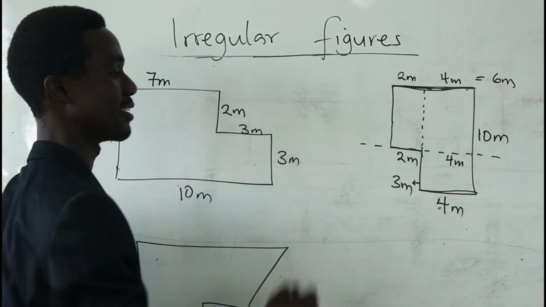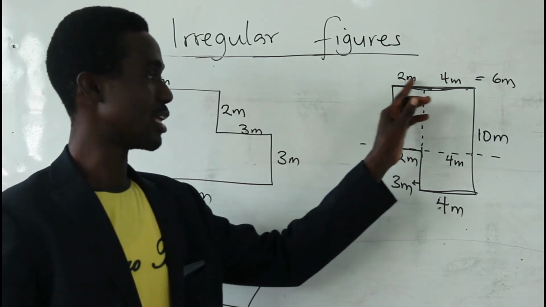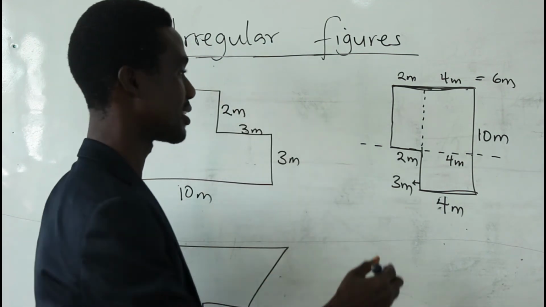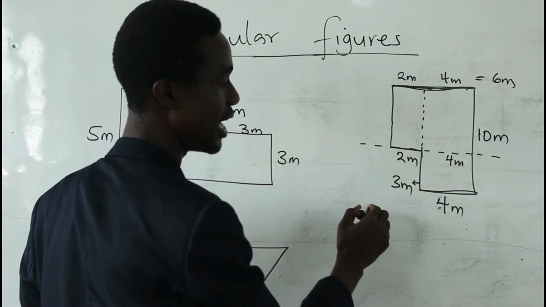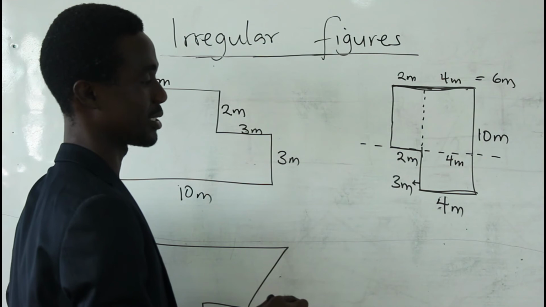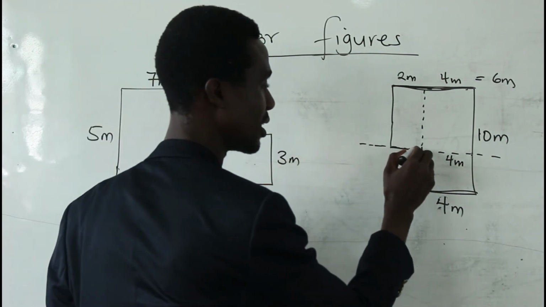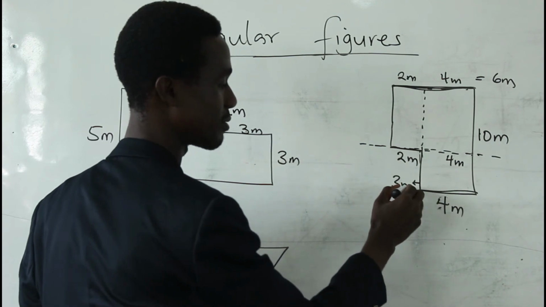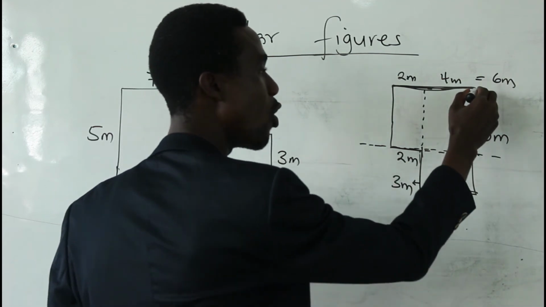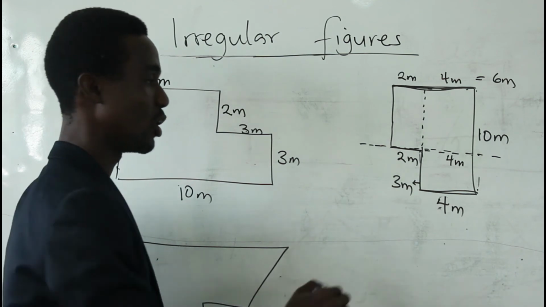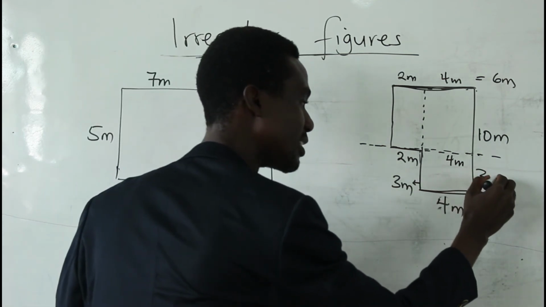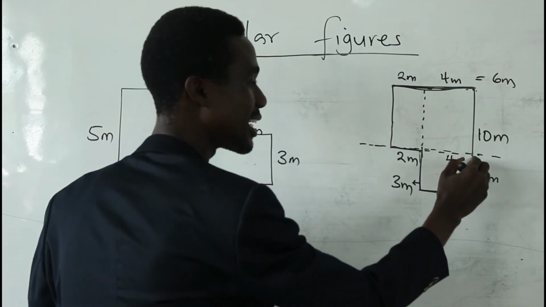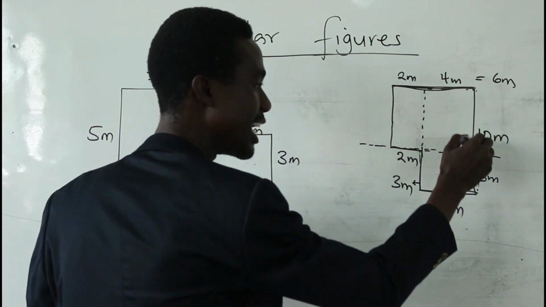Now for this side, just as we did for the top here, let's assume that the shape is divided into 2 equal parts, again on this side. And we have this length here to be 3 meters. But we have the whole of this place to be 10 meters, so let's take out the 3 meters from the 10 meters here.